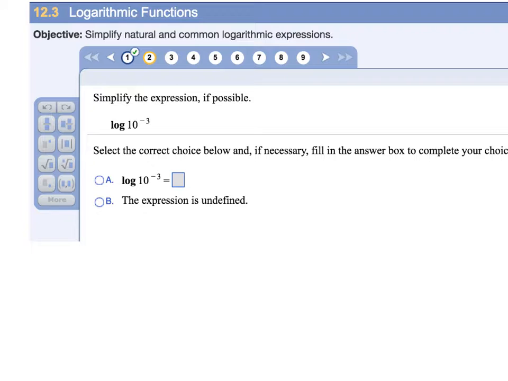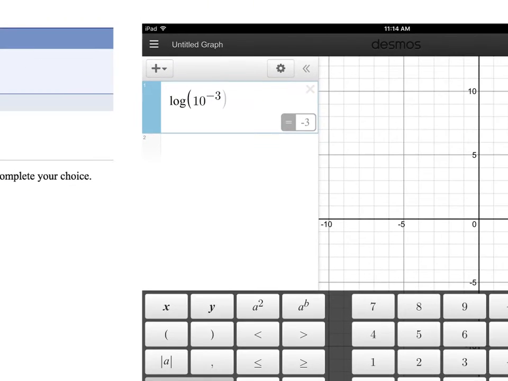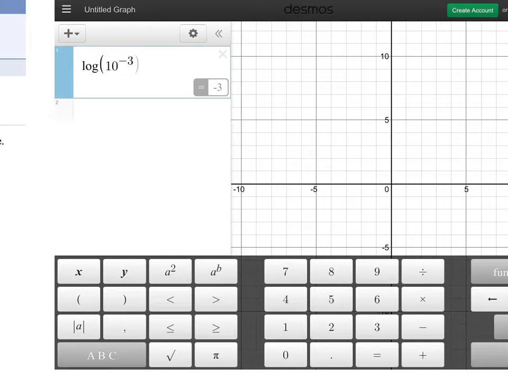So here again, you're just going to take your log function and type it into Desmos, and you'll notice sometimes you have to put in parentheses to make things work for you, and our answer is -3. Now why does that work?